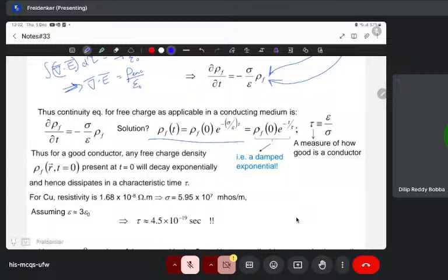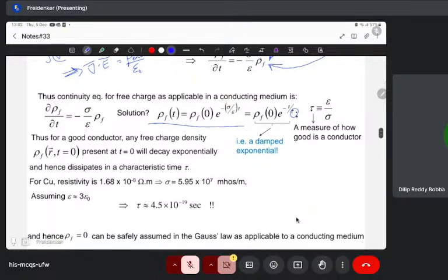It is a measure of how good a conductor is. If tau is large, then it will take a lot of time for the charge density to decrease.